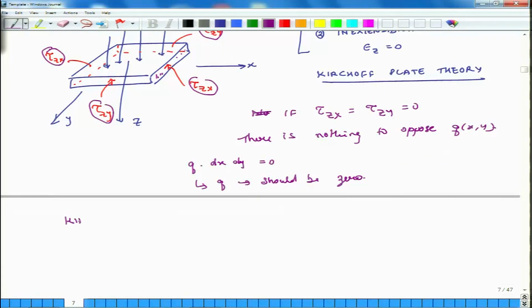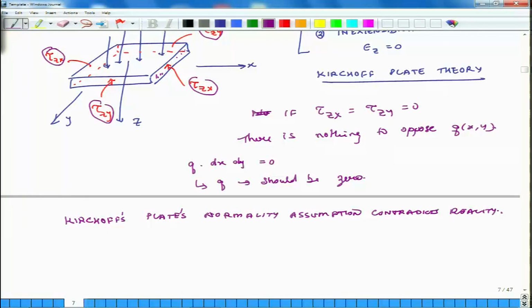So, the Kirchhoff plates normality assumption contradicts reality.